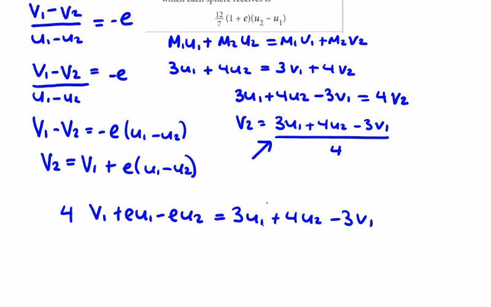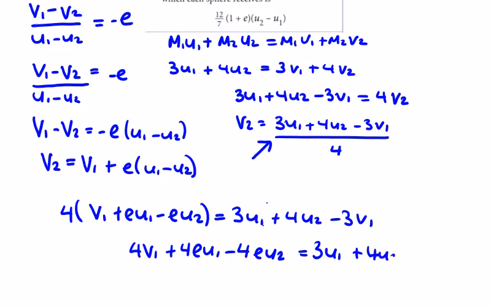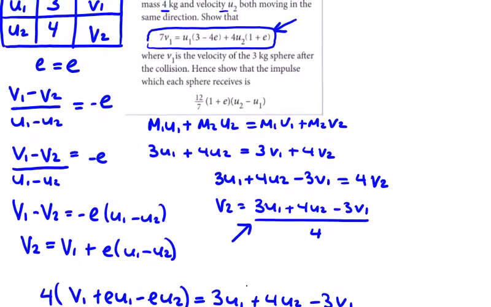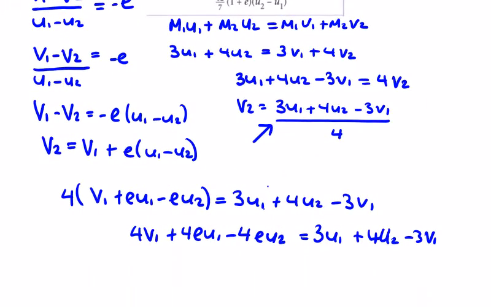So this expression is going to get multiplied by 4 to give 4v1 plus 4eu1 minus 4eu2 would have to be equal to the right hand side, 3u1 plus 4u2 minus 3v1. And I think we're given this 7v1 at the beginning, weren't we? My memory's 7v1, so let's simplify that.